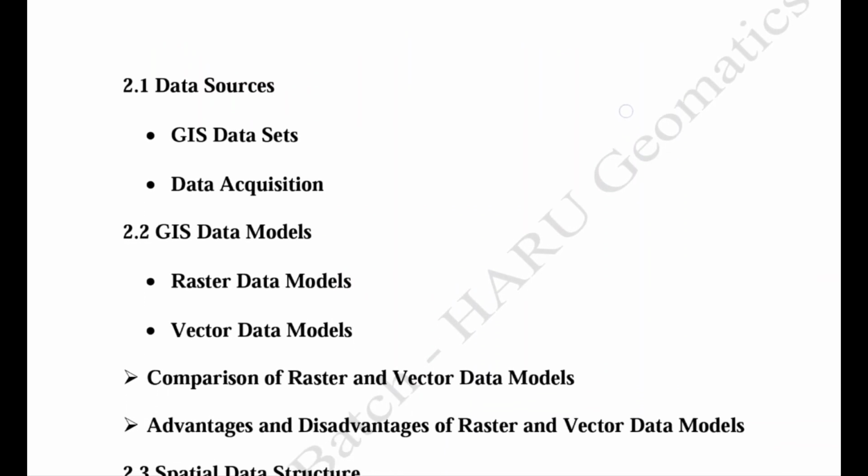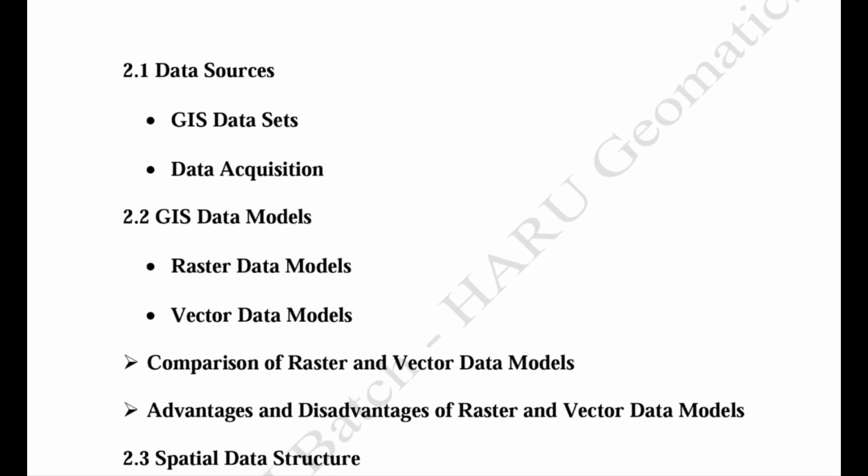So first of all, we will read about the data sources. Means this data, the real world, can be represented in different types of data, like satellite image and coordinates, like from GPS, DGPS, and surveying data, and other things that are converted to useful data format that are acceptable by the GIS.